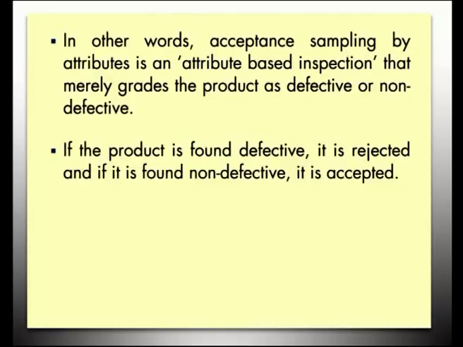When the attribute is present, the product is accepted, and when it is absent, the product is rejected. In other words, acceptance sampling by attributes is an attribute based inspection that merely grades the product as defective or non-defective. If the product is found defective, it is rejected, and if it is found non-defective, it is accepted.